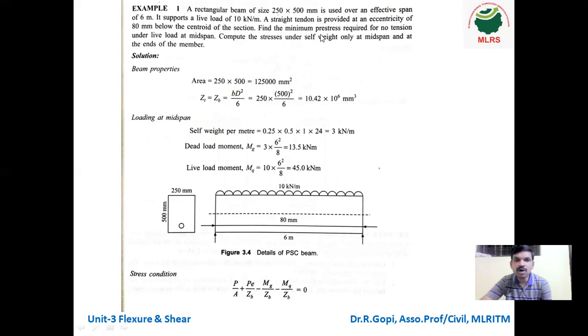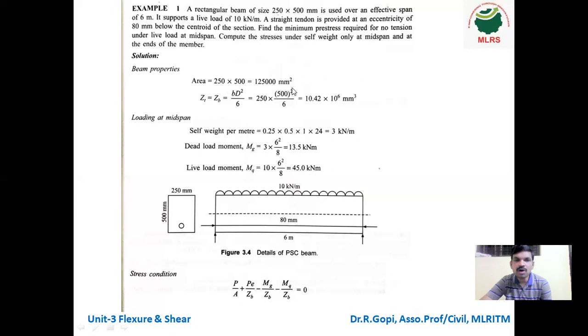So find the minimum prestress required for no tension. Under the no tension condition, what is the prestressing force? And we have to find the stresses also under self weight only, so don't include the live load. Under self weight, what is the stress distribution at midspan and at support?